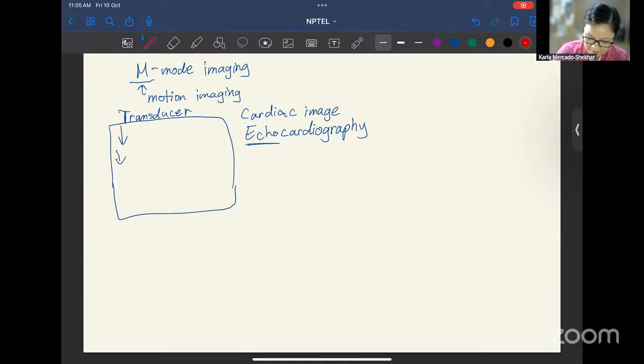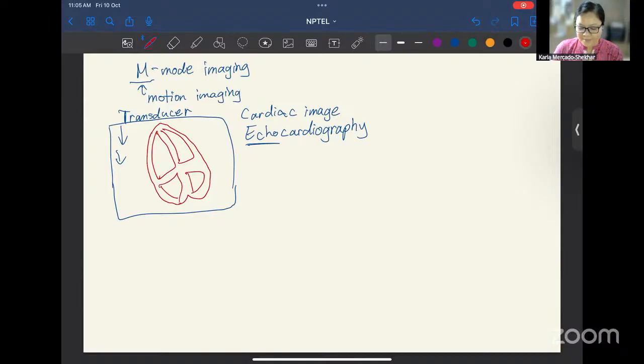If the transducer is imaging from the bottom of your ribs, the first thing the ultrasound will see is the bottom of the heart. So the heart will look upside down. You'll have your ventricles here, and then your atria right here.